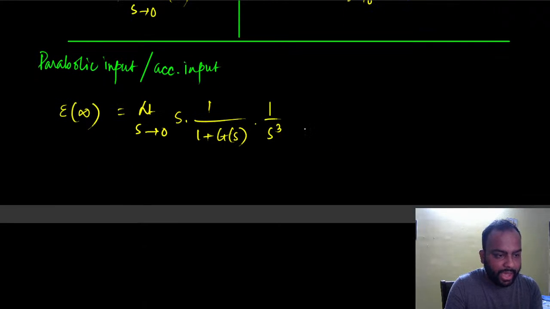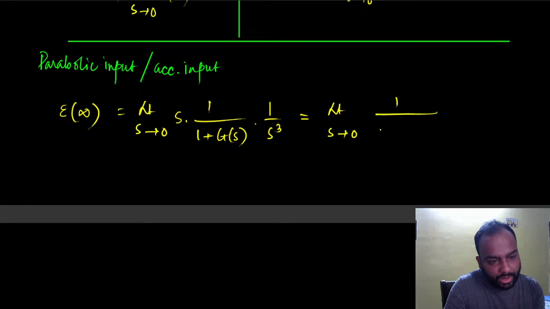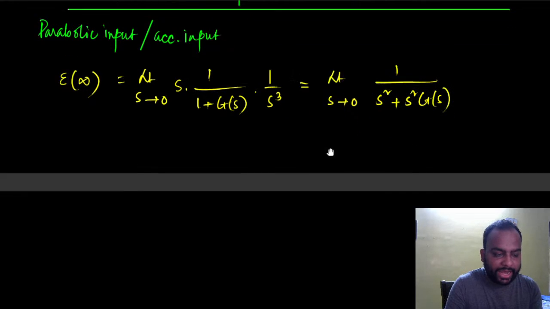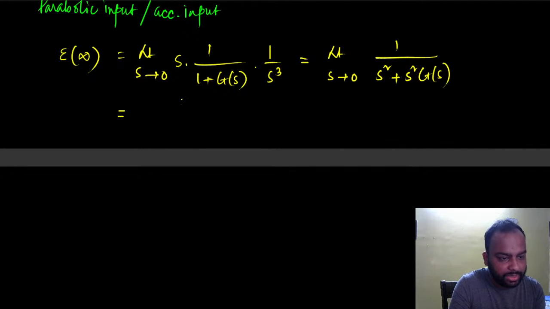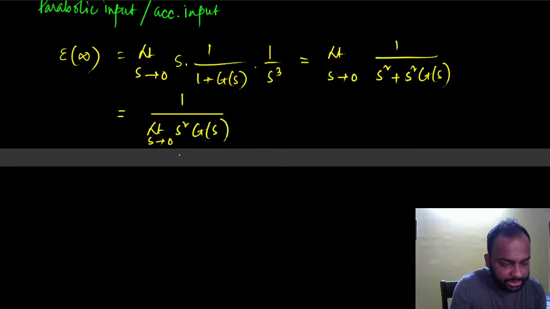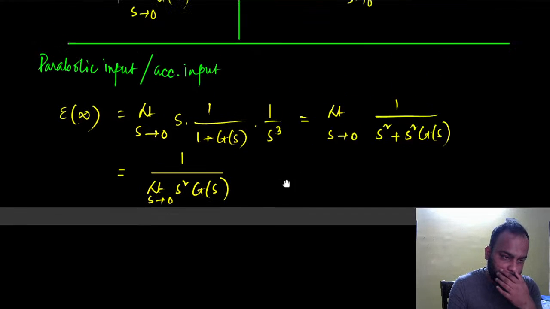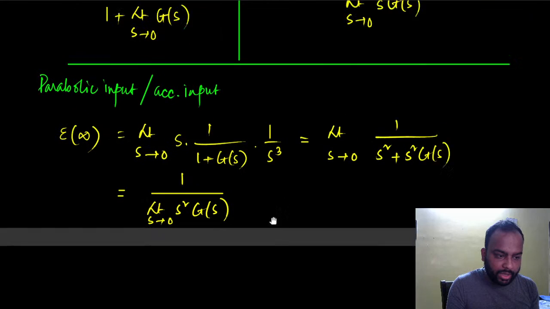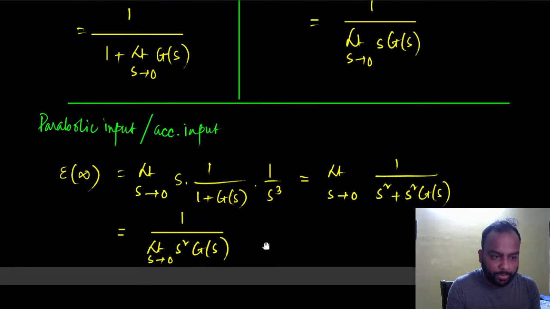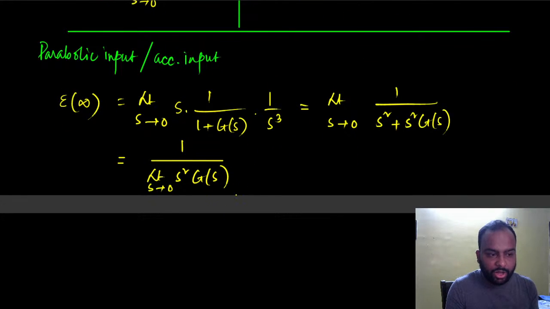All right, and subsequently this becomes limit s tends to 0 of 1 by s square plus s square G(s). So again I can put s square equal to 0, so this eventually becomes 1 by limit s tends to 0 of s square G(s), right? Now of course depending on the situation it will be 0 or infinity, depending on the type of the system here.